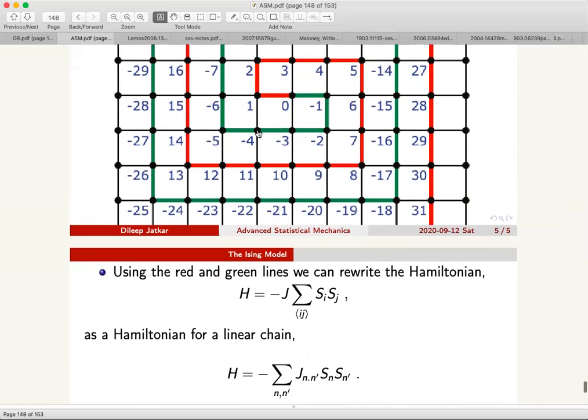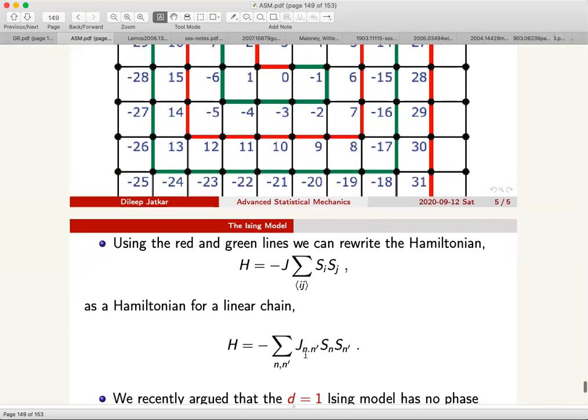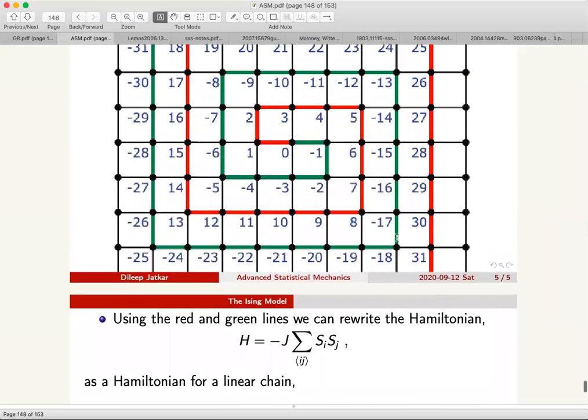For example, there is no interaction between, say, -4 and -6, or 4 and 6 for that matter. Similarly, there is no interaction between, say, 4 and -10. So if you choose n to be 4 and n prime to be -10, there is no term of that kind. But nevertheless, there is an interaction between 4 and -11.